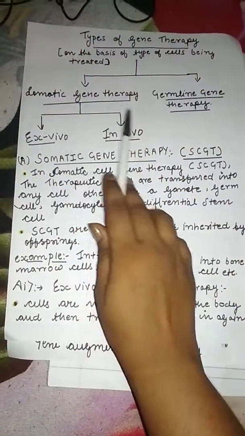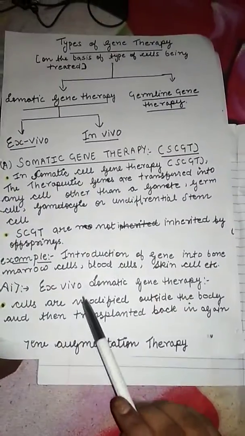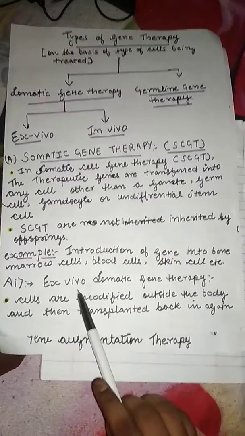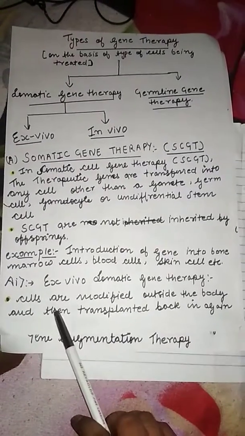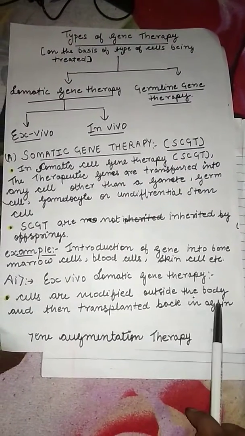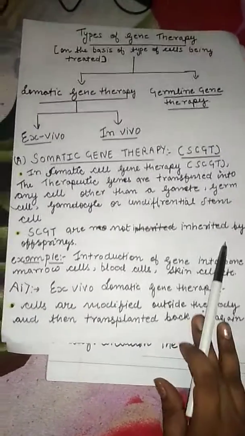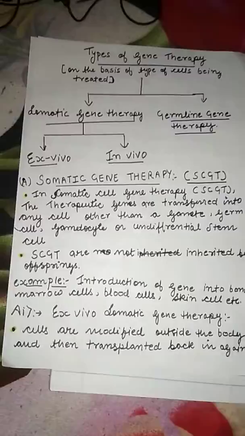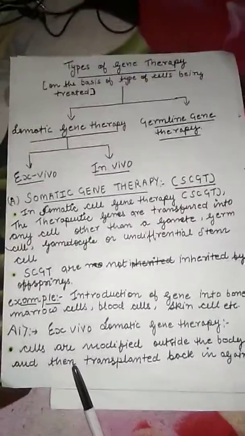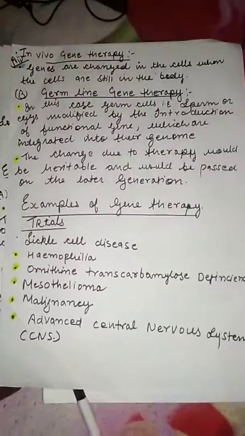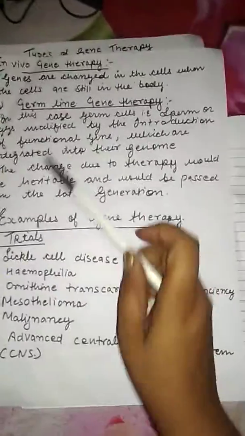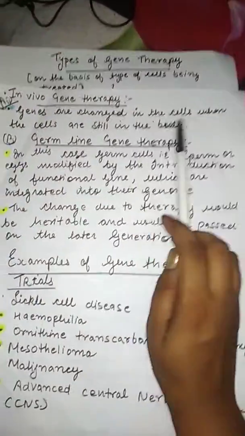Now let us see the first classification of somatic gene therapy, which is ex vivo somatic cell gene therapy. In ex vivo gene therapy, cells are modified outside the body and then transplanted back in again. The next classification is in vivo gene therapy, in which genes are changed in the cells while the cells are still in the body.